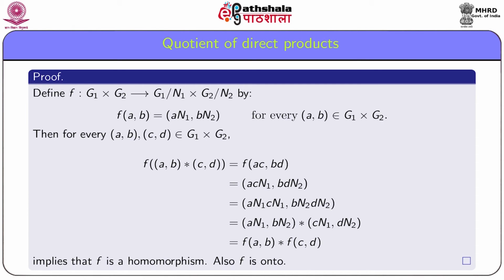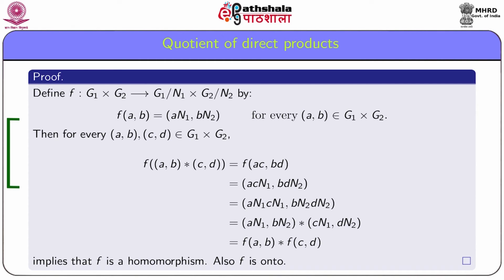Define a mapping f from G1 cross G2 into G1/N1 cross G2/N2 by f(a, b) equal to (aN1, bN2). I will show that f is an onto homomorphism and then use the first isomorphism theorem to prove the result.